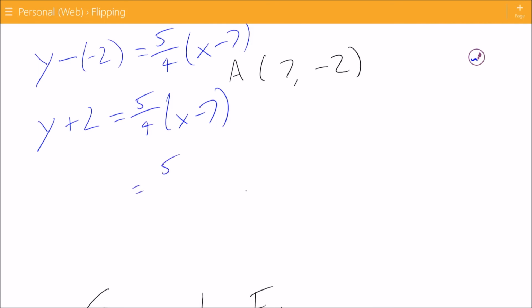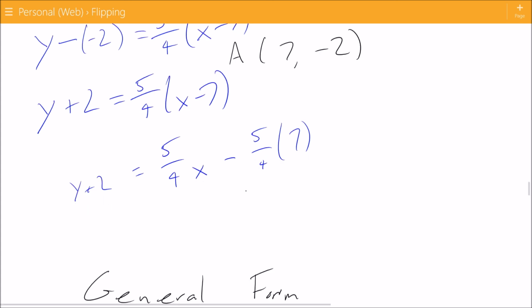So this would be 5 over 4 x minus 5 over 4 times 7. And that's y plus 2. This isn't going to be the prettiest thing, but you'd get 5 over 4 x minus, multiply these out, that becomes 35 over 4.